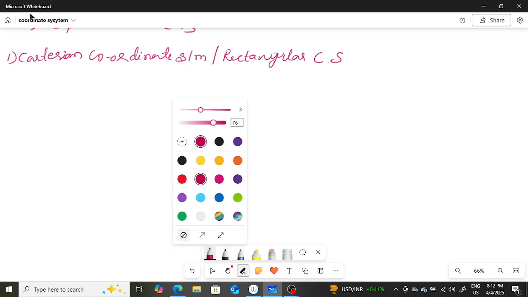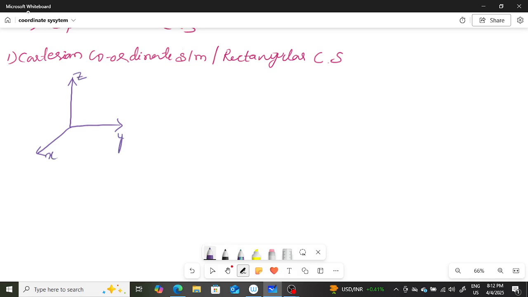You just imagine a hollow cube. X, Y and Z. This is the rectangular coordinate system. If you want to quantify any point in space or in a region, you have to specify its coordinates.